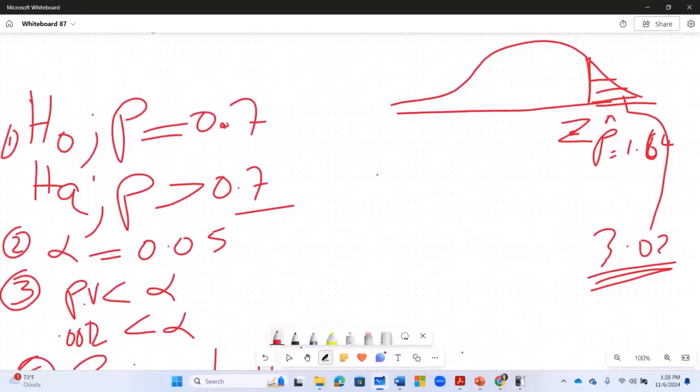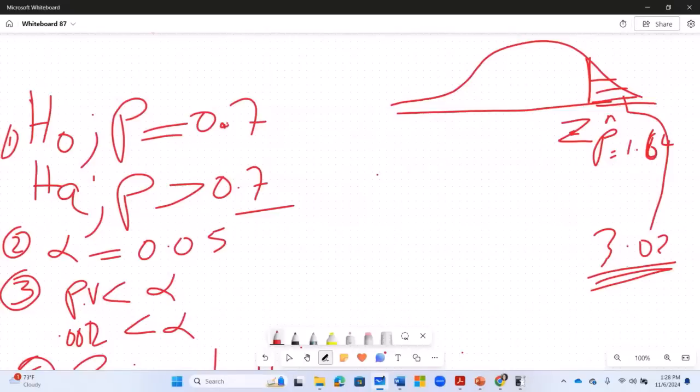If p-value is less than alpha, you reject the null. You do not have any business rejecting the alternative, because actually the null is the status quo. The null is what you are debating.